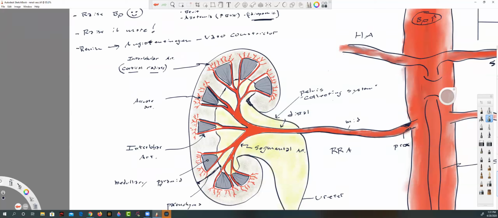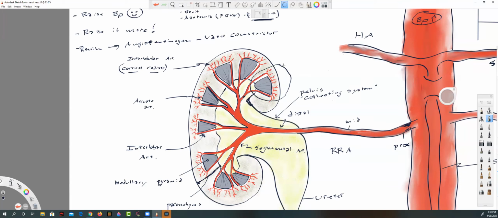We could have a stenosis right here, and so only this part of the kidney is seeing low blood pressure, and the rest of the kidney is seeing normal pressure, so it's not doing anything crazy.